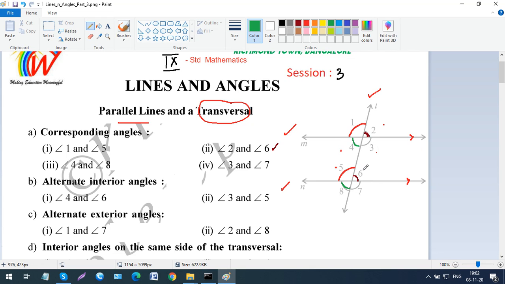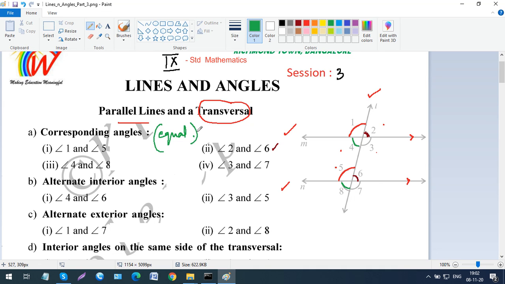So there are 4 sets of corresponding angles. In the case of parallel lines, angle 1 and angle 5 will be equal, angle 2 and angle 6 will be equal, angle 4 and angle 8 will be equal, and angles 3 and 7 will be equal. So corresponding angles are equal in parallel lines. I'll write equal here.